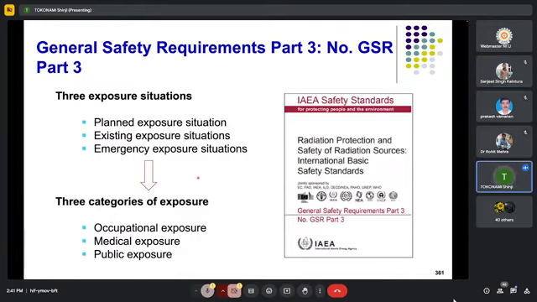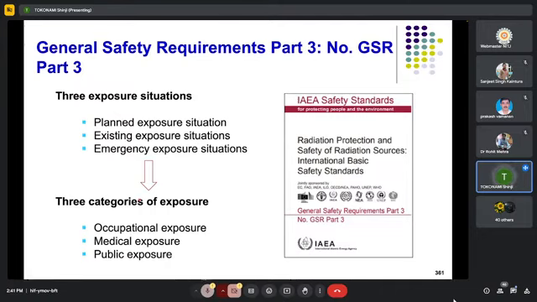So I will explain about IAEA guidelines, general safety requirements, part 3. As you know, there are 3 exposure situations, namely planned exposure situation, existing exposure situation, and emergency exposure situations.